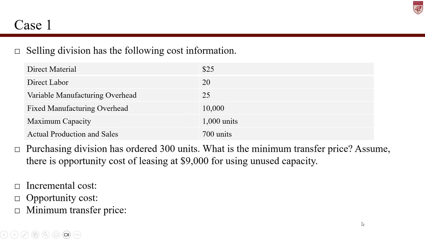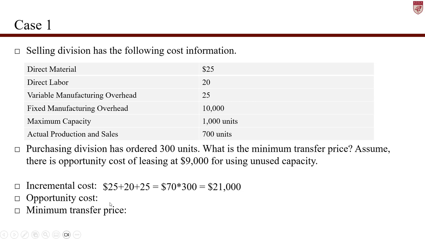Now we have a slightly different scenario where we have an opportunity cost of leasing at $9,000 for the unused capacity. So the incremental cost remains the same, which is 25 plus 20 plus 25, $70 per unit. And then the equation looks slightly weird, but we're going to use the aggregate term. So $70 times 300 units, which is $21,000.